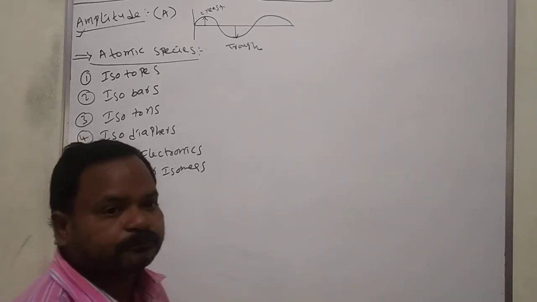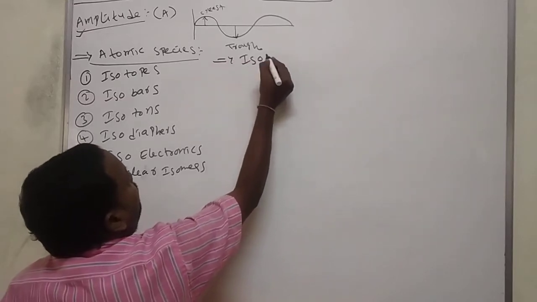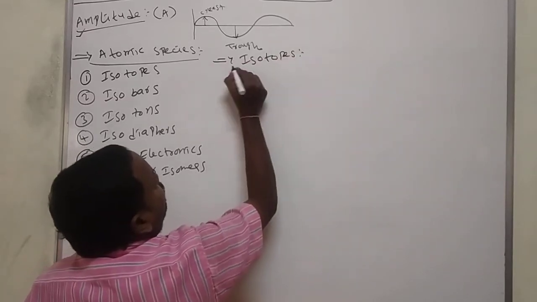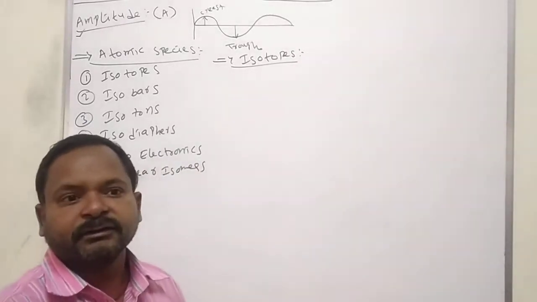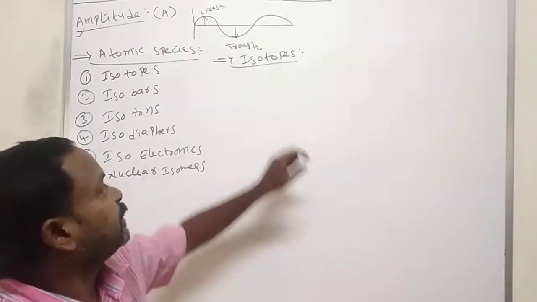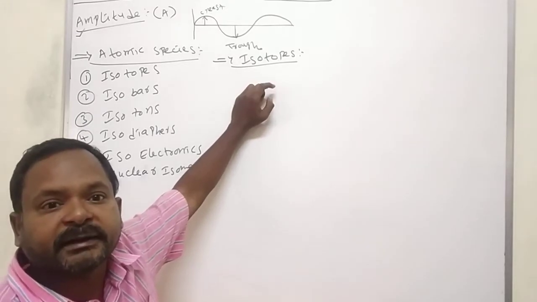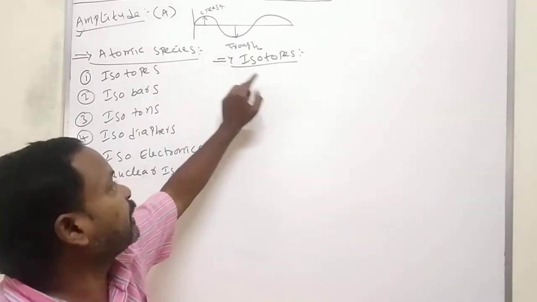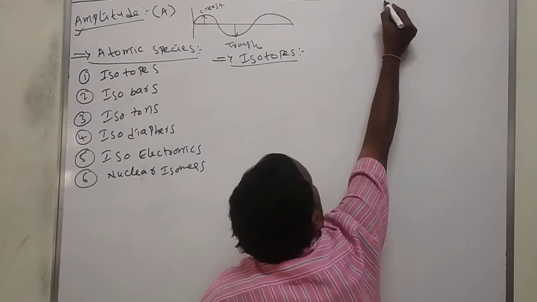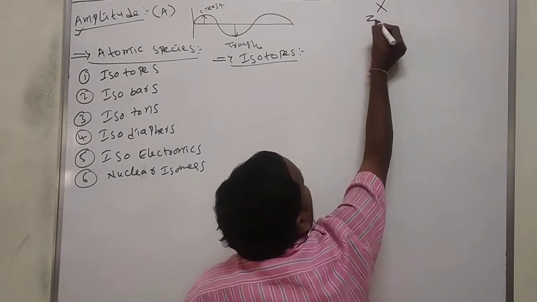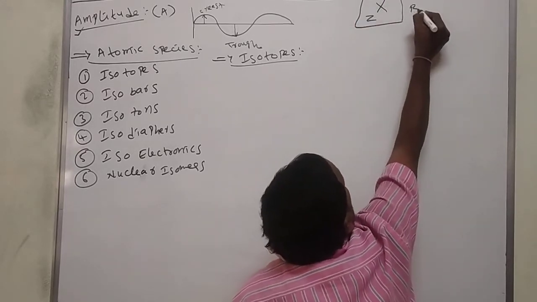What are isotopes? Just I will give the definition, after that I will give the example. The atomic species which have the same atomic number but different atomic mass are called isotopes. Before that, an atom is represented like this: here the atomic number, here the atomic mass.